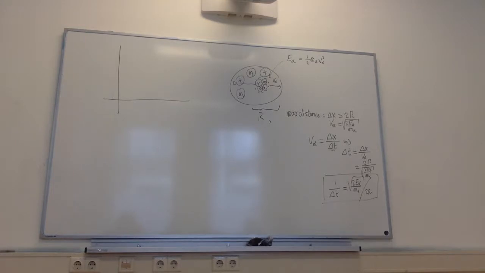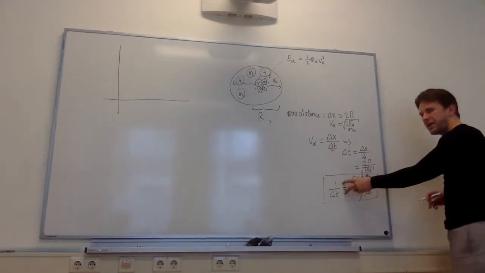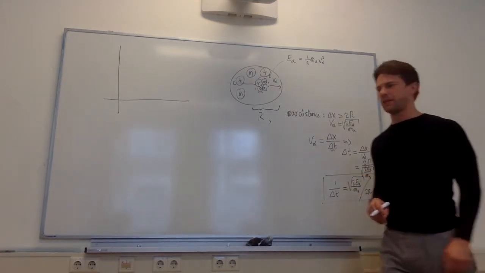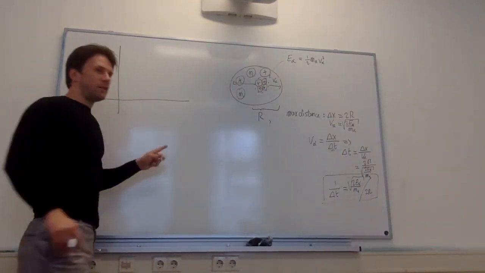It's the frequency with which you expect the alpha particle to hit the boundary of the nucleus. Now we have to put 2 numbers in there. The mass of the alpha particle is always the same number. We have to get the energy from somewhere, and we have to get the radius of the nucleus from somewhere. We'll get to that in a moment, how we get to those numbers. But let's suppose that we know how to calculate this number, we actually get a number out of 5, or something like that.